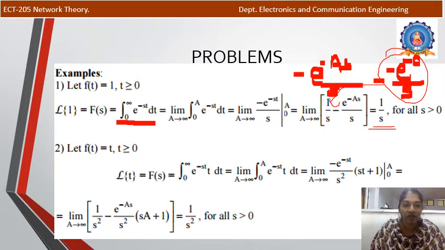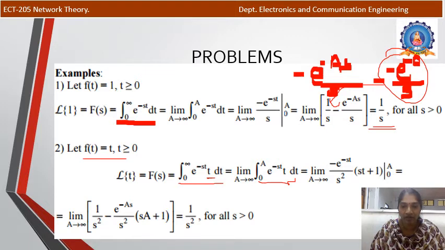Similarly, when the function f of t is equal to t, we apply the equation for Laplace transform, 0 to infinity e raised to minus st, and here our function is t, so we put it as t dt, equal to limit a tends to infinity, 0 to a e raised to minus st t dt. So this is the integral of two functions, e raised to minus st and t. What will be the integral of a product of two functions?